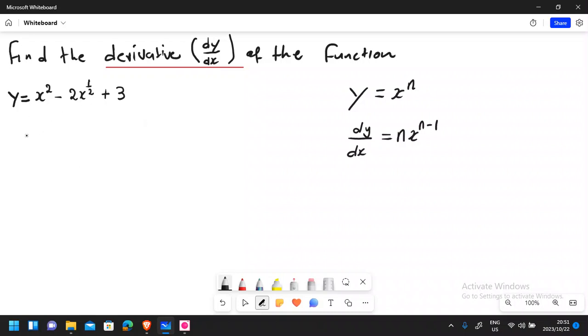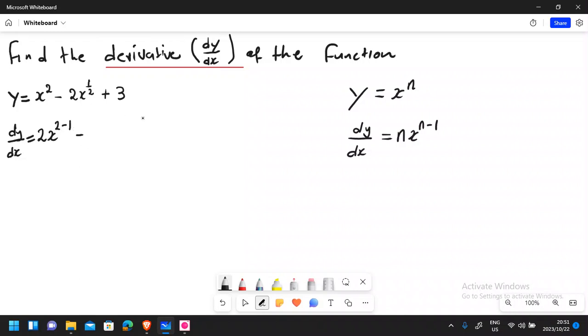Okay, now let's start. When you do this, you have to do them term by term. So we have 3 terms there, so let's do dy over dx. If you look at that formula, when you do dy over dx, it's going to be n multiplied by x to the power of n minus 1. So our n here is 2, so it's going to be 2 multiplied by x to the power of 2 minus 1 for the first term, minus.